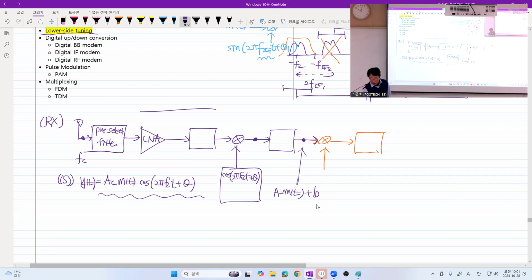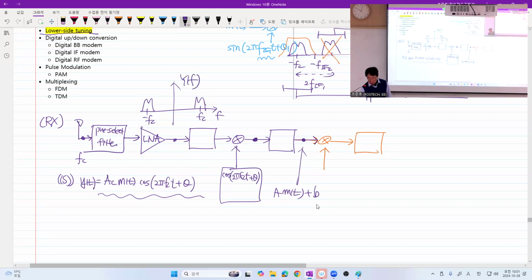Why? Because here we have a signal like this. The received signal is modeled as a real valued bandpass signal, which satisfies conjugate symmetry in the frequency domain. Moreover, we don't have a quadrature phase component, which means we have conjugate symmetry with respect to f c and negative f c if we remove the other side, right? So I've drawn it this way.